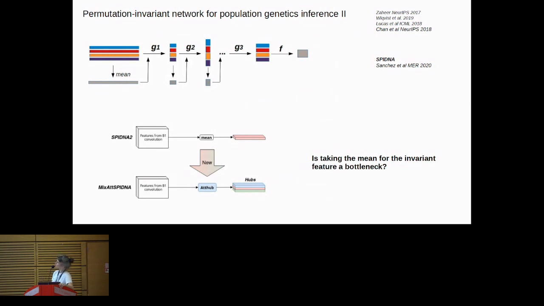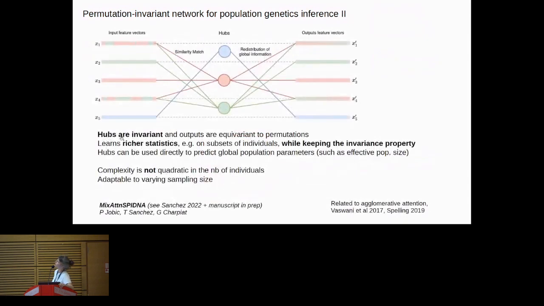So this is an attention hub, we call it attention hub, and it's really related to agglomerative attention for those who know that. Basically the idea is that instead of having all the individuals contribute exactly the same way, we want them to contribute based on their genetic sequence, and you can do that through attention.